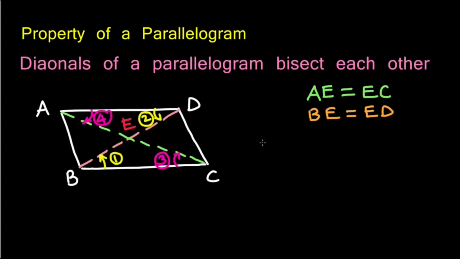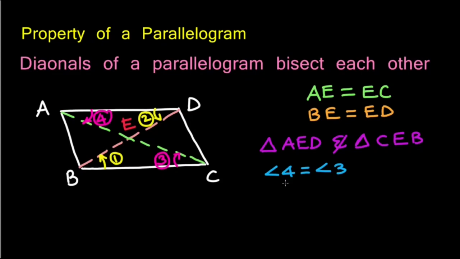Now in triangle AED and triangle CEB, angle 4 equals angle 3 and angle 2 equals angle 1, they being alternate angles between two parallel lines. We have already proved that opposite sides of a parallelogram are equal.